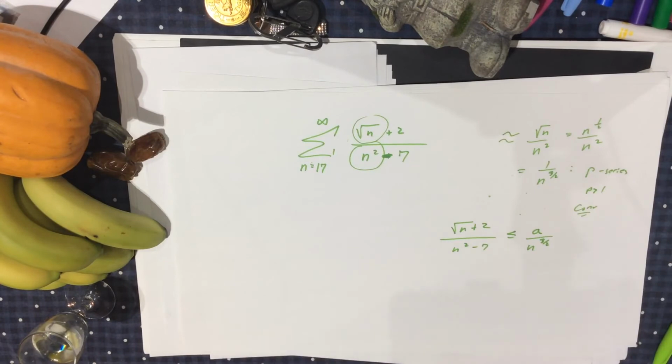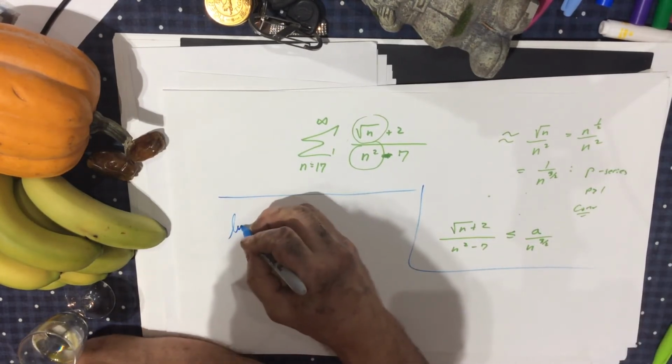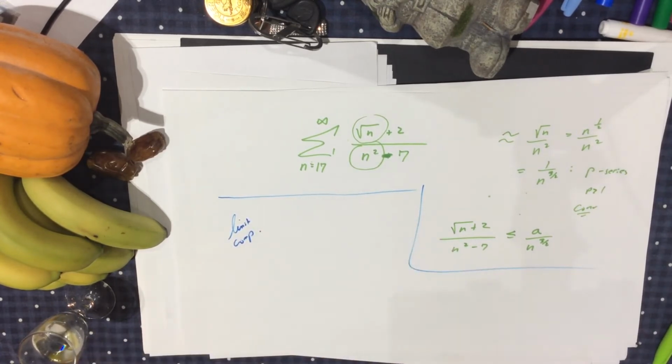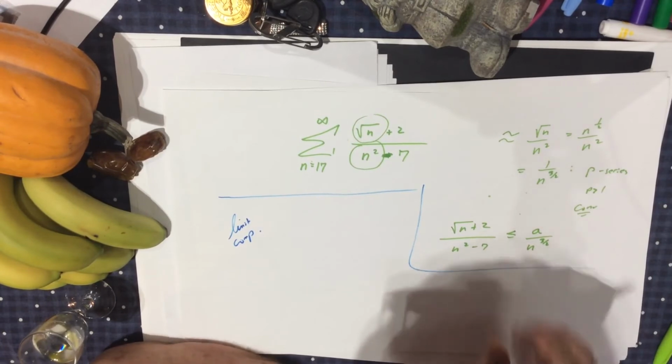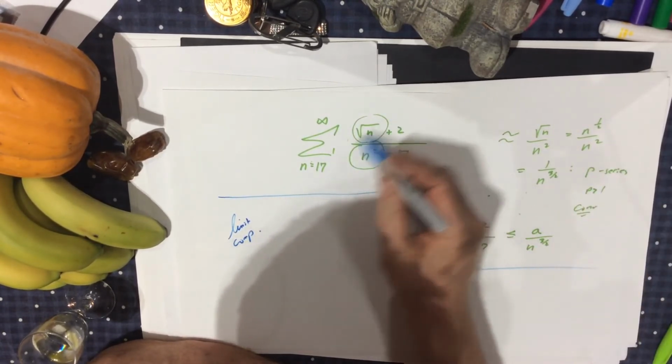Well, there's another comparison test. This is called the limit comparison test. And the limit comparison test is so cool because what it does is first you figure out what something looks like.